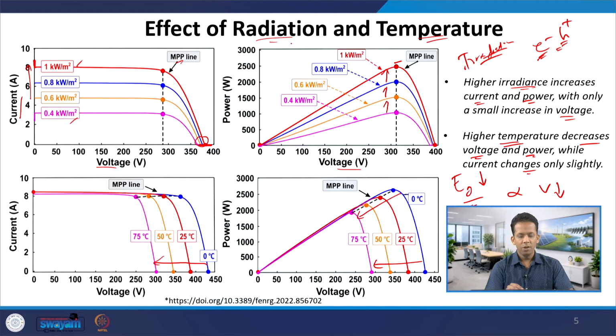So, that is how radiation and temperature affect IV and PV curves of different solar cells. Hence, in the definition, when we talked about the IV curve or the characteristic curves of solar cells, we said it is for a specific radiation and specific temperature, the relation between I and V or P and V.